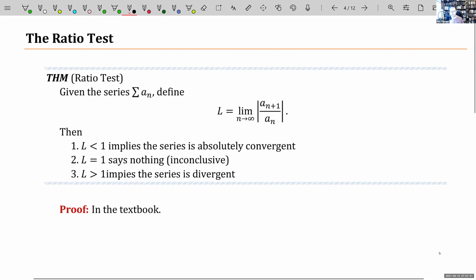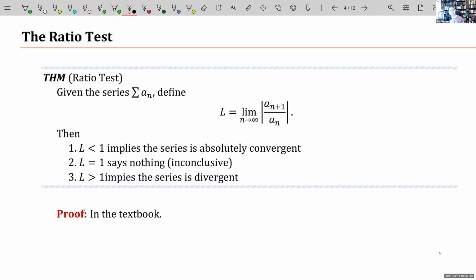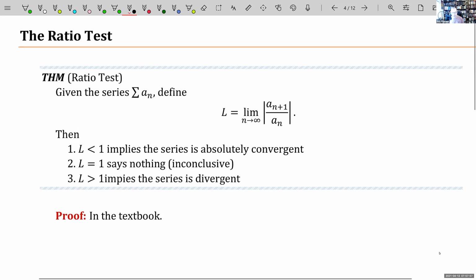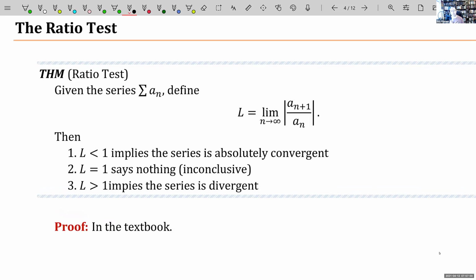Everybody working at home. We are now into the last two tests, and I spent about a half hour talking about the idea climbing up to this because these tests are super fast. There's no need for me to spend forever on these. The ratio test is probably my honest go-to.